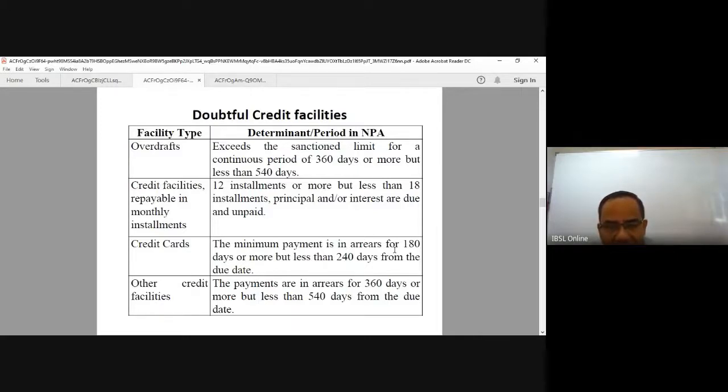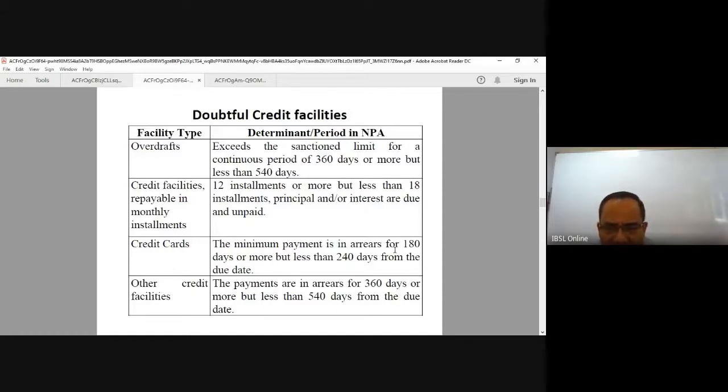Only in the case of credit cards, it's 240 days, basically about 9 months. If it is less than 240 days, that's called doubtful credit, right?